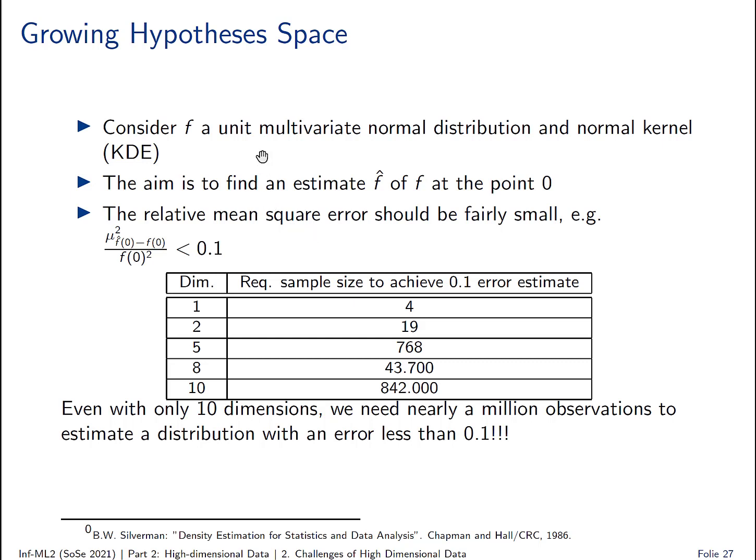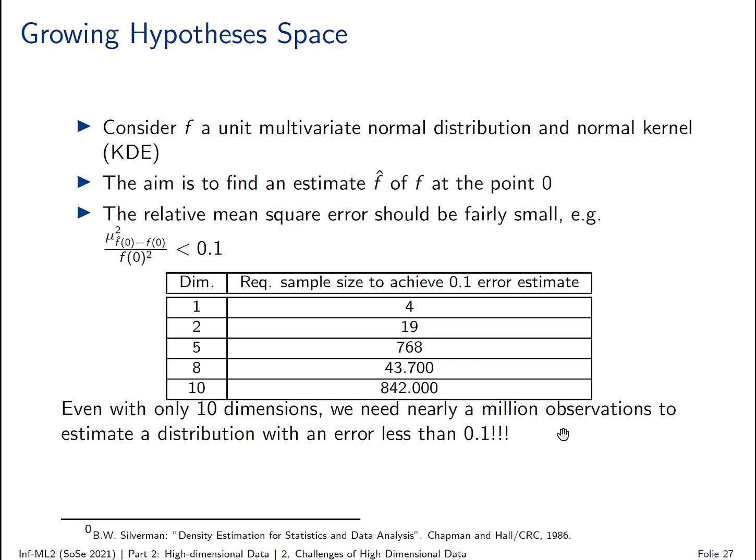And if we try to estimate that, we'll see that with growing dimensions, we need many more samples to achieve this 10% error rate. So in 1 dimension, we need just 4 samples in order to get an accurate estimate. For 10 dimensions, it's already almost 1 million.